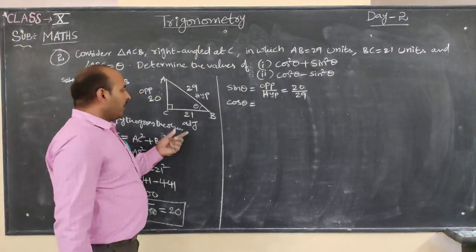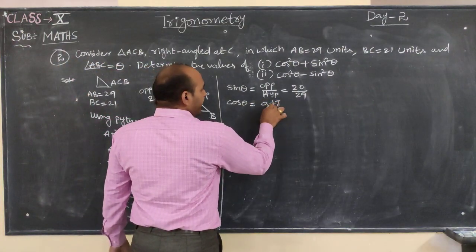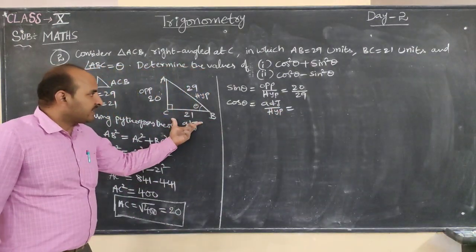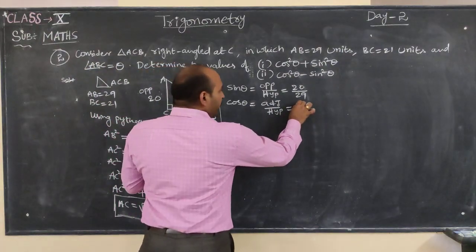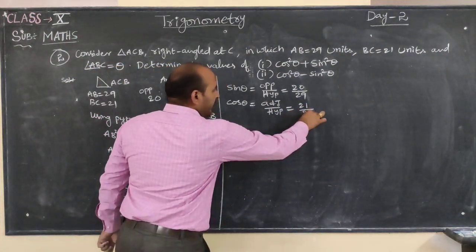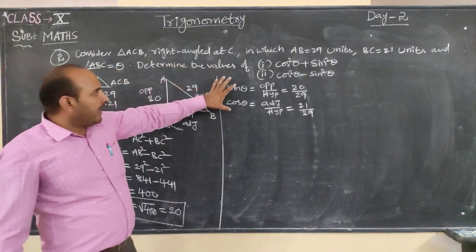Cos theta is adjacent side divided by hypotenuse, which is BC value 21 divided by hypotenuse value 29. So we have clearly sin theta and cos theta.